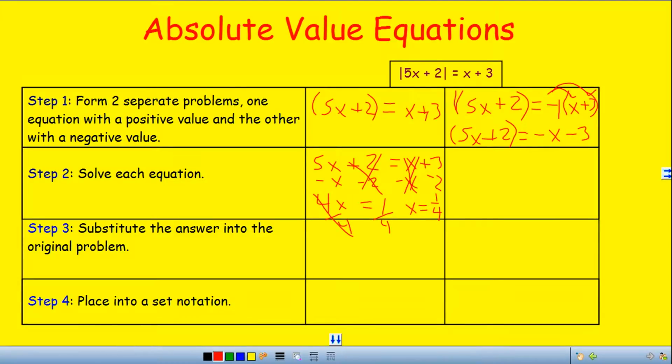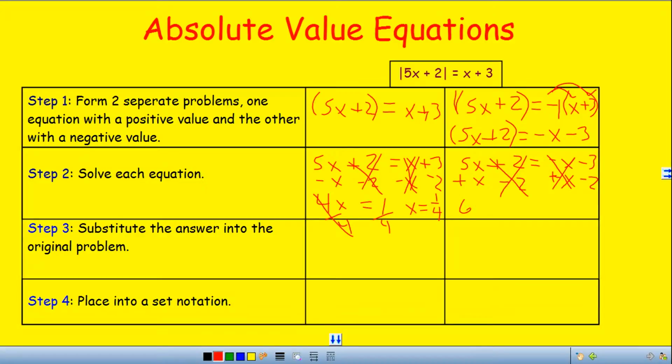The second equation that I have is 5x plus 2 equals negative x minus 3. Same concept. Here I'm going to add x to both sides to cancel that x out. And then I'm going to subtract 2 from both sides to get the x's on one side by itself.